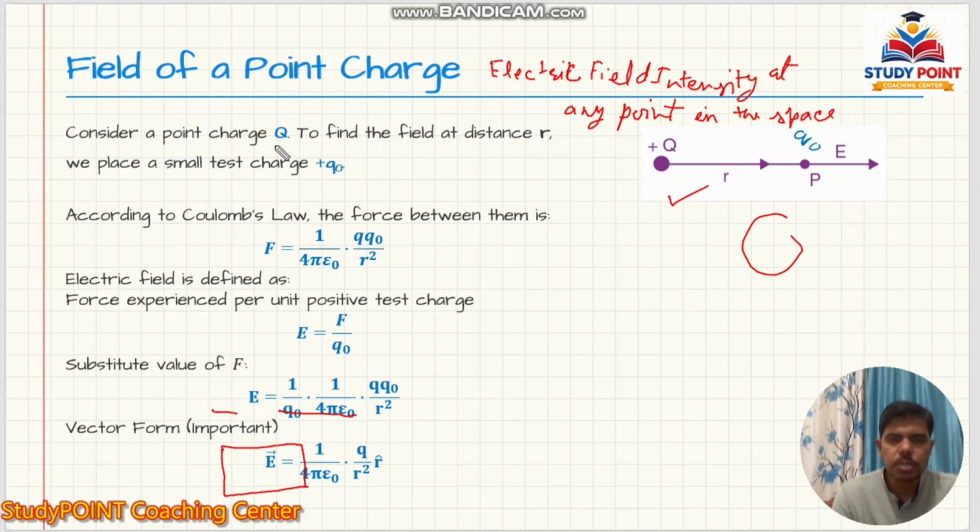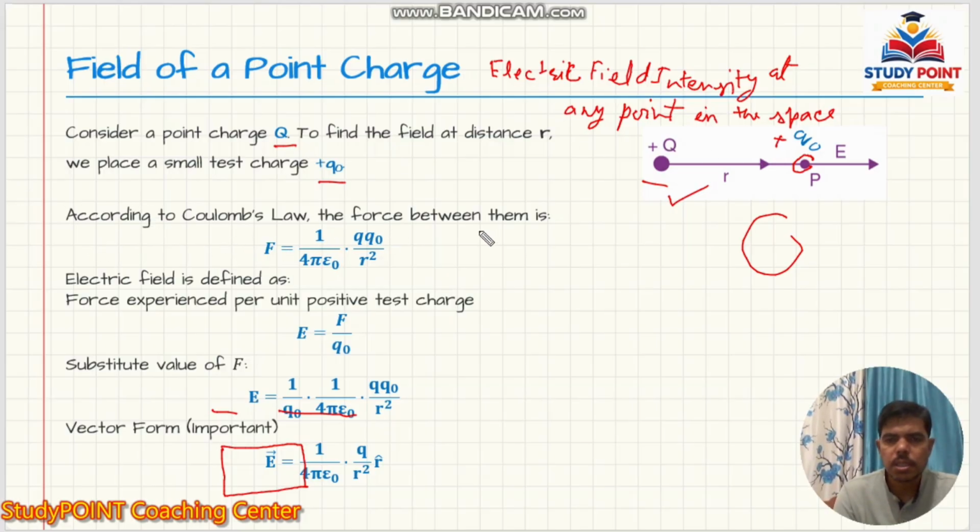Consider a point charge q. To find the field at a distance r at the position of P, we place a small test charge, that is plus q naught.